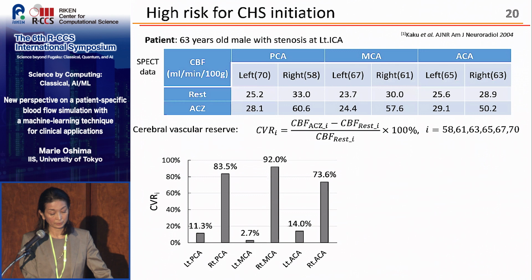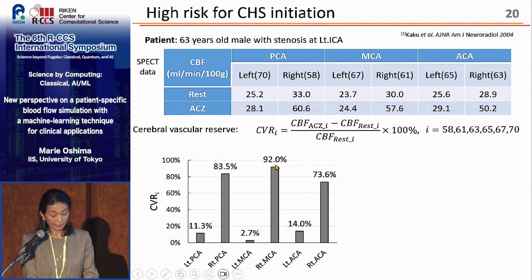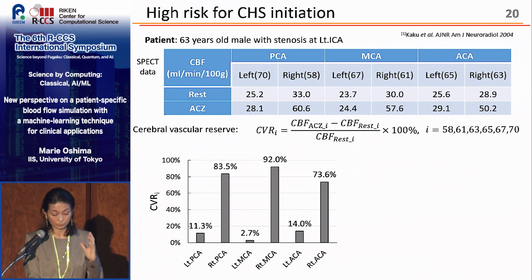But before that, patient 2 has a very high risk of CHS. Why do we know that? Because the neurosurgeon conducted the SPECT measurement before he performed surgery. Usually this SPECT is done to find out the peripheral perfusion in the brain.